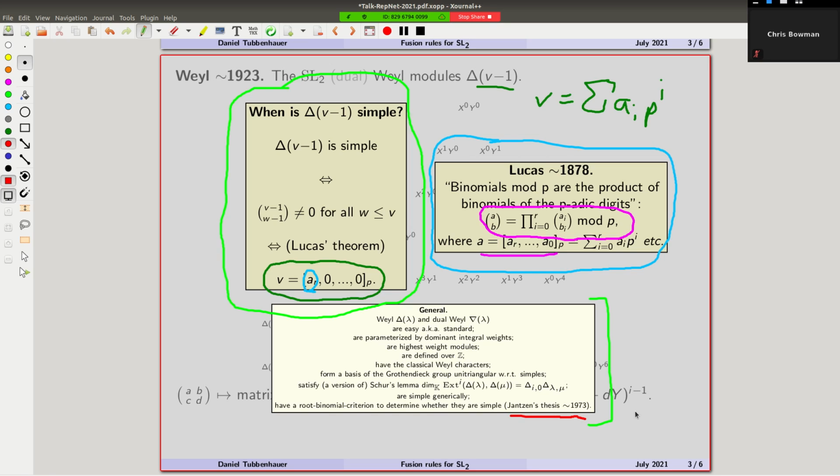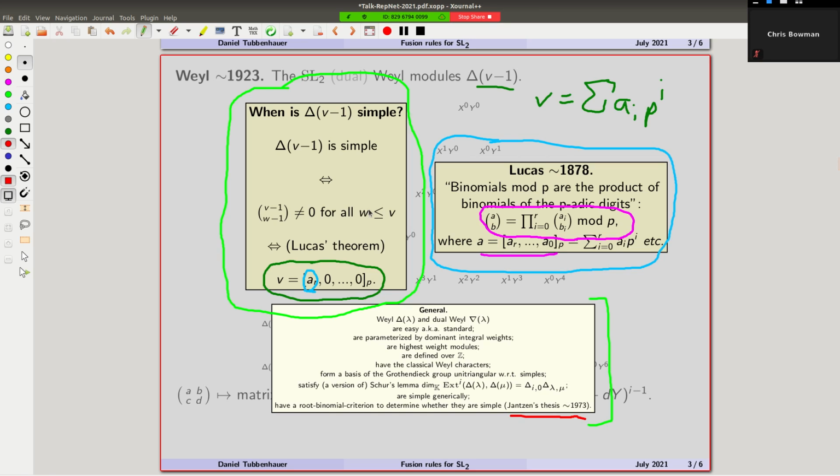And Jantzen actually does it more generally, so for any general G, he writes down a root theoretical condition for when the Weyl module is simple. Not, and that's a much harder question, the decomposition factors of the Weyl module, but just when it's simple. So you can actually solve that problem in general. And for SL2, you can also solve the problem of the decomposition factors, which I'm going to explain next.